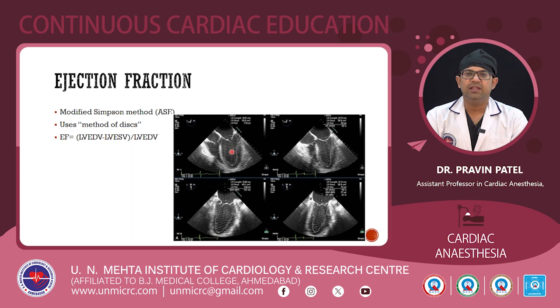For that, what we need is the mid-esophageal 4-chamber view or mid-esophageal 2-chamber view. Again, the problem is that sometimes foreshortening of the LV causes a problem for the measurement of EF, and the presence of trabeculation again gives false results.